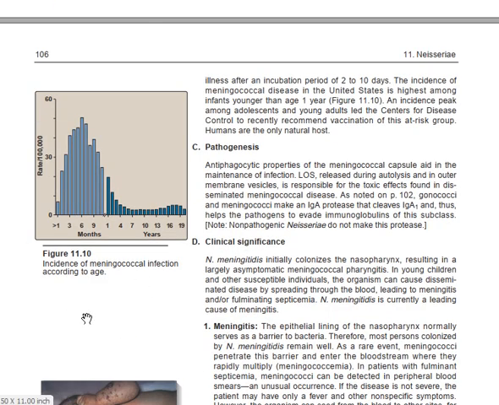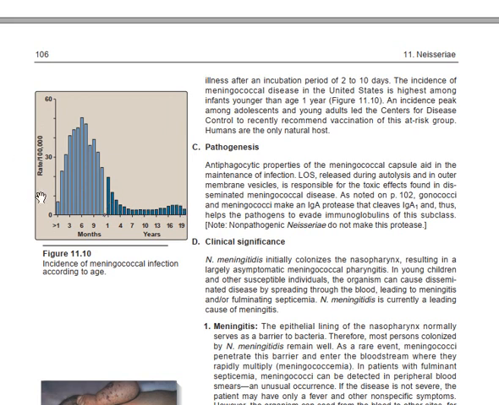So this is the incidence of meningococcal infection according to age. You see that meningococcal infection is going to be more in the age group of 1 to 9 months, sorry. Between 1 year and 19 years, Neisseria meningitidis reduces. Here the meningitis is going to be more due to Streptococcus pneumoniae and also Haemophilus influenzae.